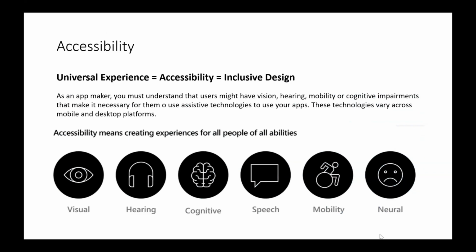I'll define it in a more elaborate way: accessibility is where we make sure that this digital experience is actually experienced by everybody. Technology should be for everyone. It should not challenge certain groups of people for any kind of experience.